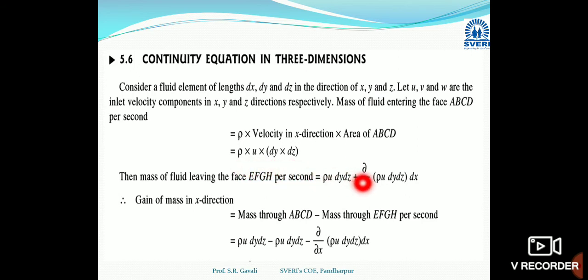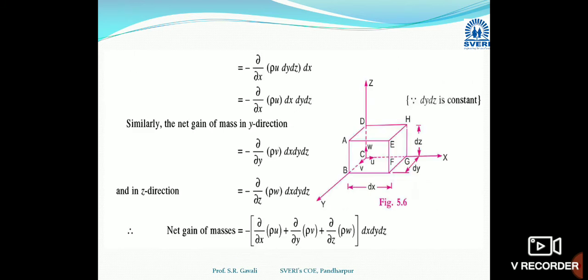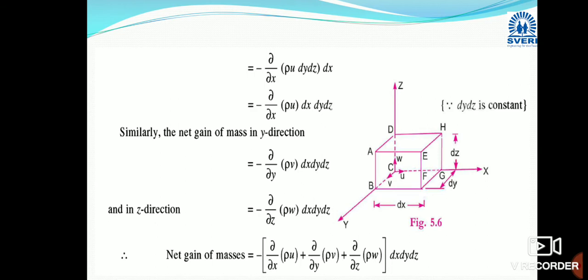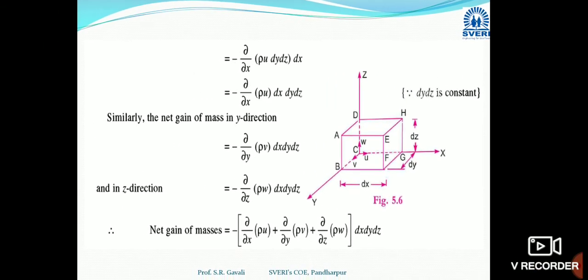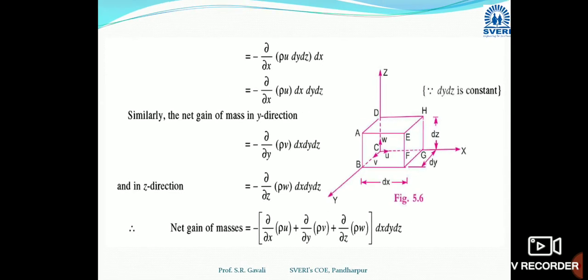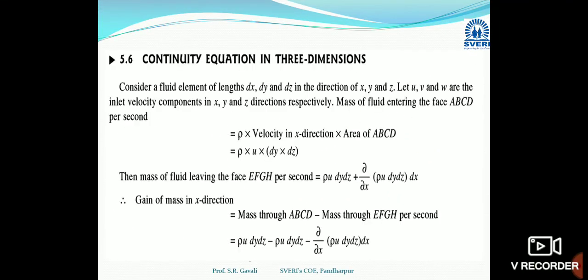Then the mass leaving face EFGH. After some time, through the EFGH face, the mass will leave. Mathematically we can say that this mass is equal to the entering mass, that is rho u dy dz, plus some change in mass along that x direction.